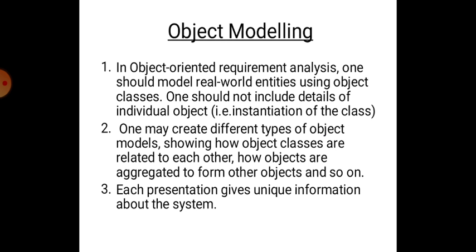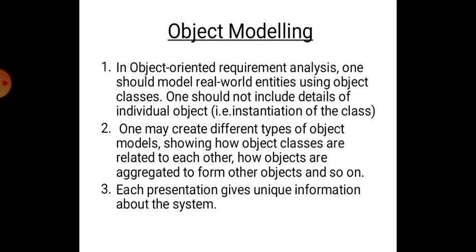Point number 2. You have studied all this when you studied C++ or the object-oriented approach. One may create different types of object models showing how object classes are related to each other, how objects are aggregated to form other objects, and so on.